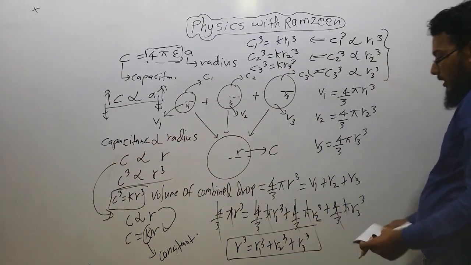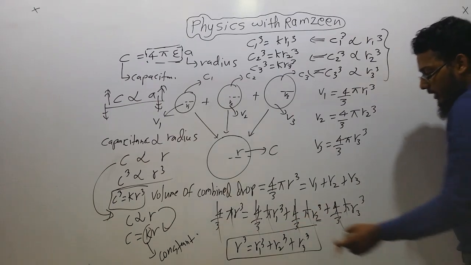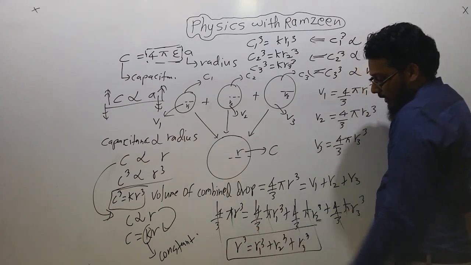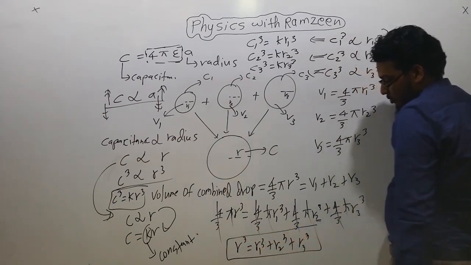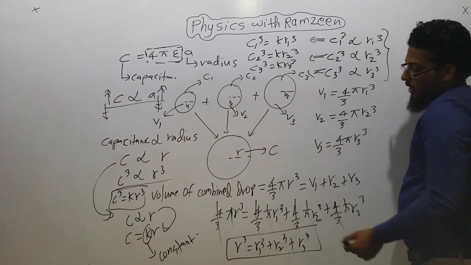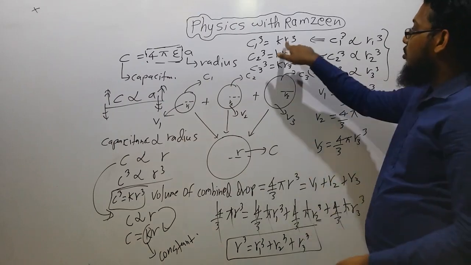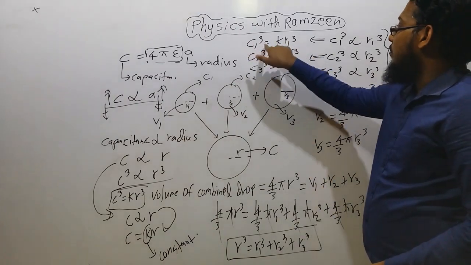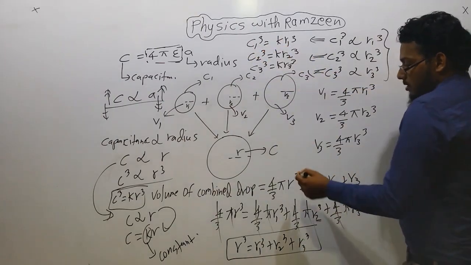For R cube, I got the equation R cube is equal to R1 cube plus R2 cube plus R3 cube. So I substitute the values. R1 cube is C1 cube over K, where K is the constant.